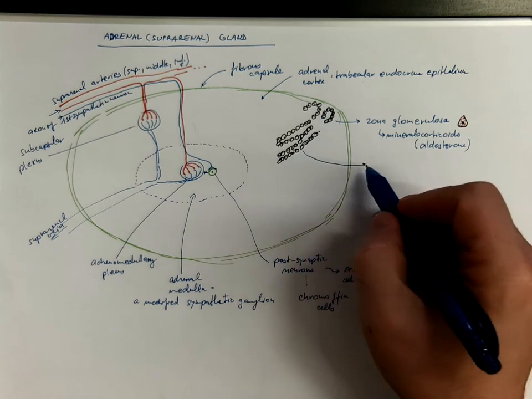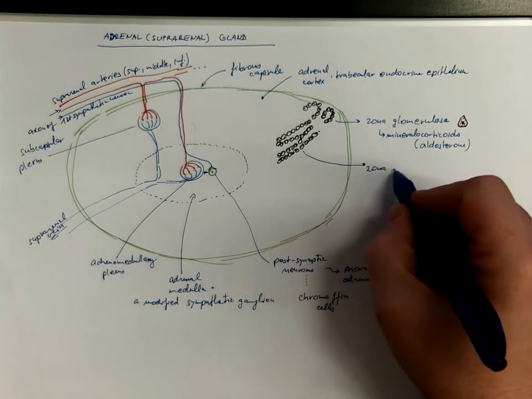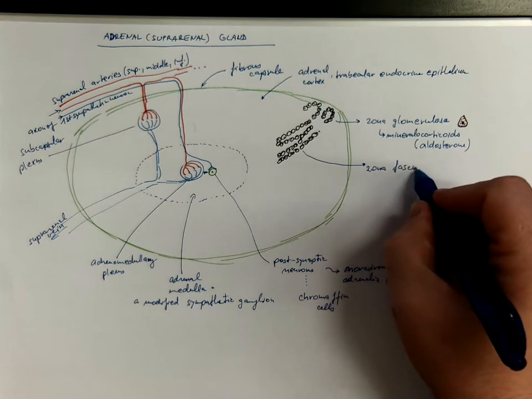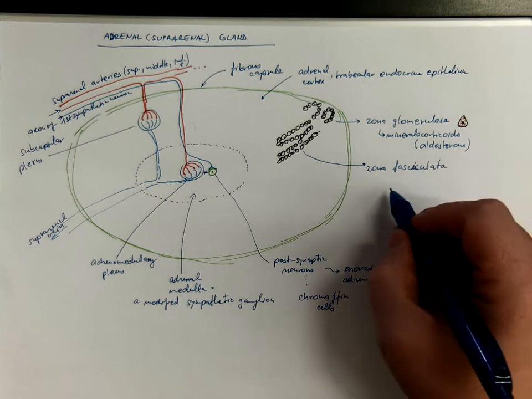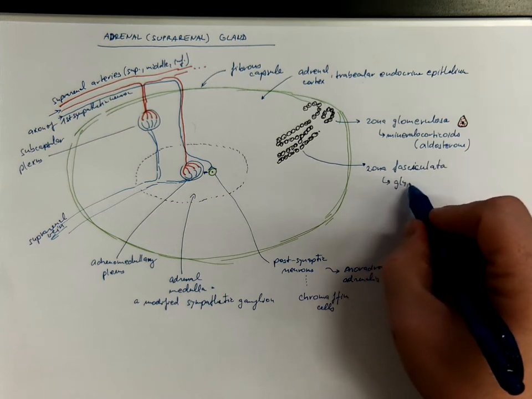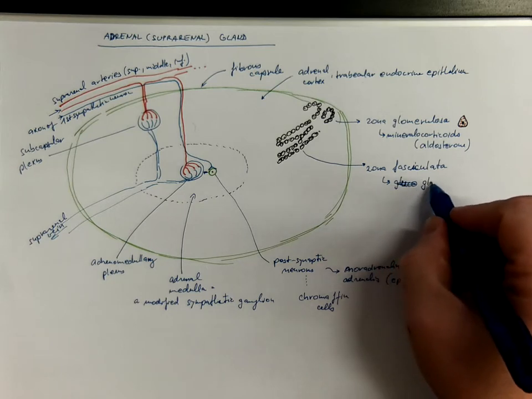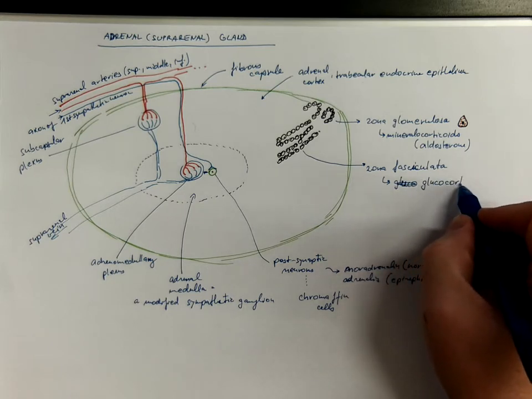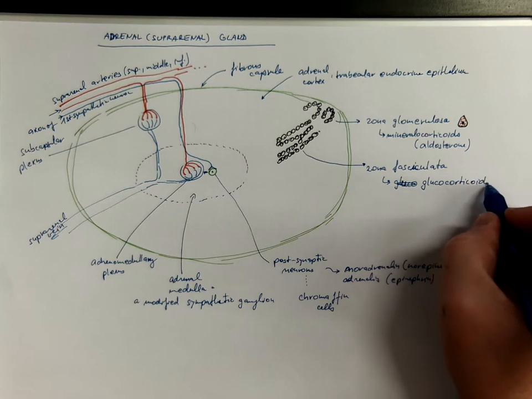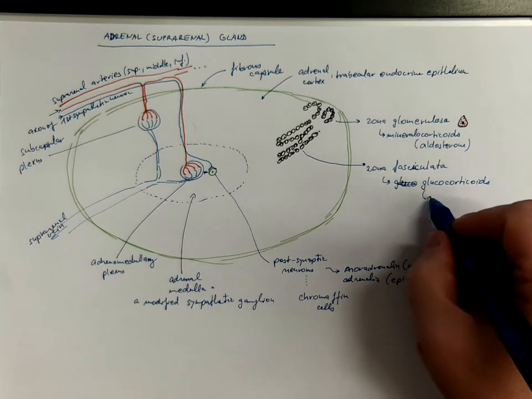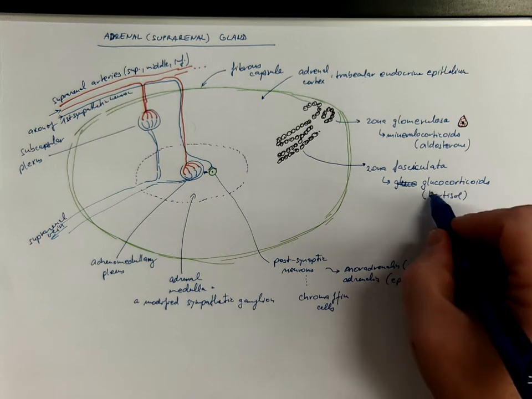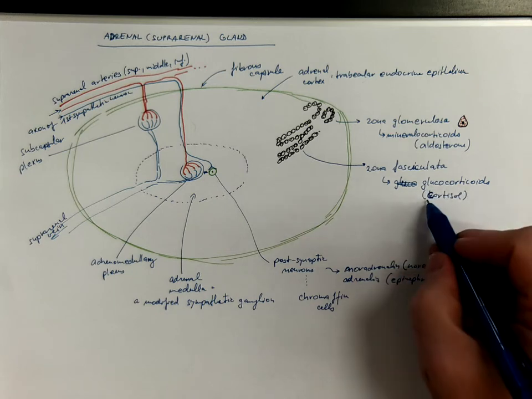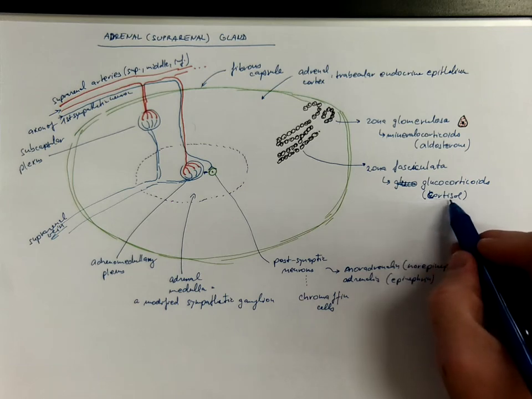That's why this layer is called zona fasciculata. It produces glucocorticoids. Once again, glucocorticoids. The main representative being the cortisol. With C. The spelling is C-O-R-T-I-S-O-L.